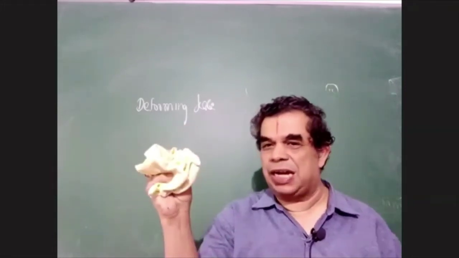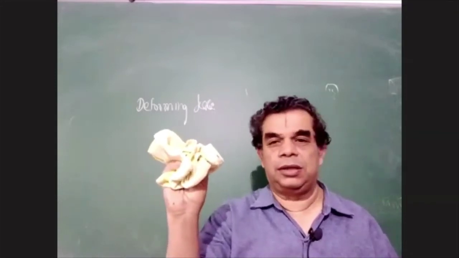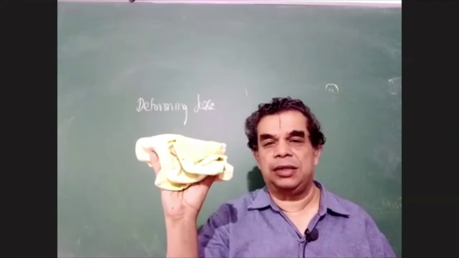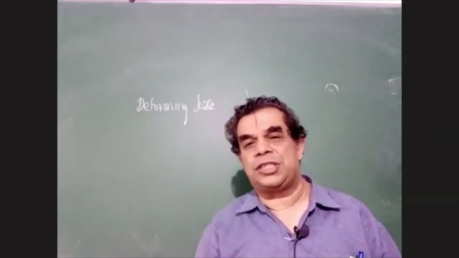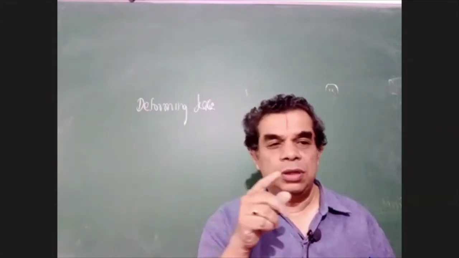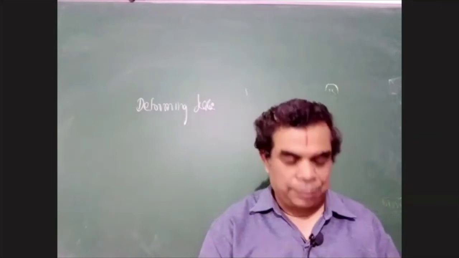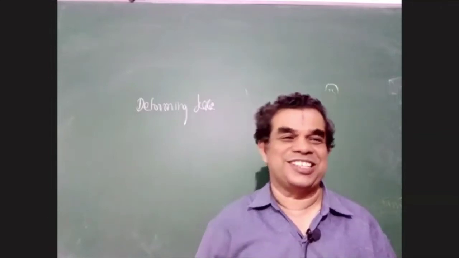I am pressing it like this, applying the deforming force, so its shape is changed, deformed. If I leave it, it comes back to its original shape. That property which tries to bring it back to the normal or original shape may be called as, now it's again a challenge.